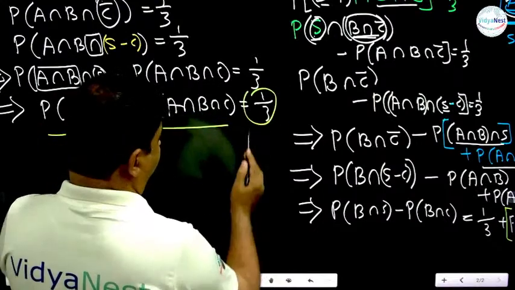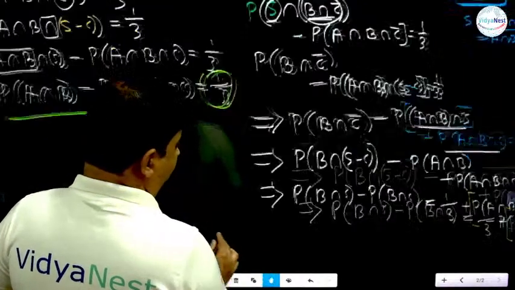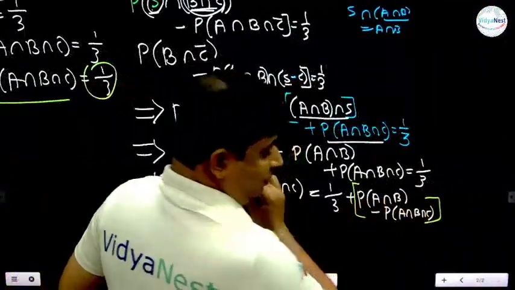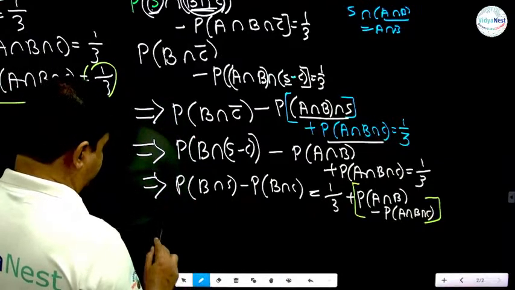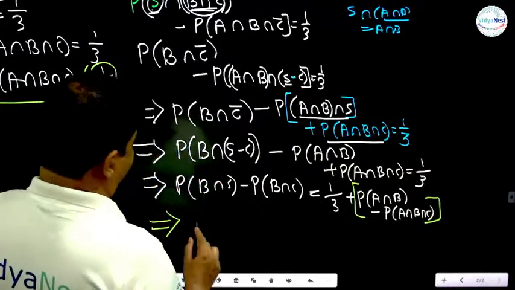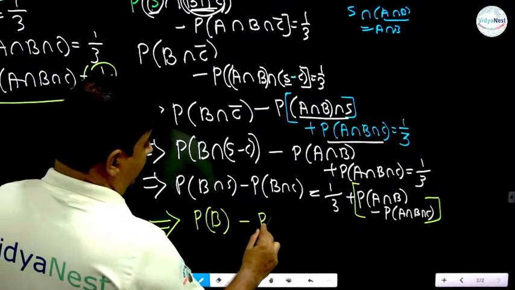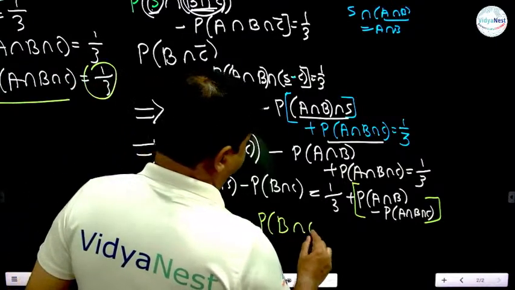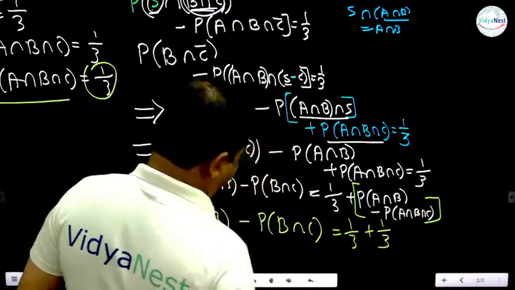So that value will be plucked and put here. Okay. Yes sir. So what will be the intersection of B and S? B. This B intersection C, 1/3 plus 1/3.